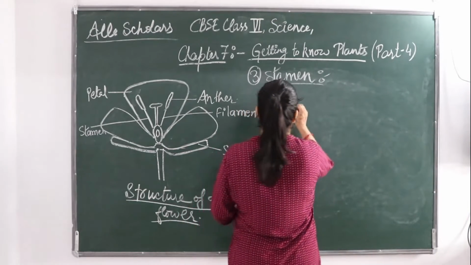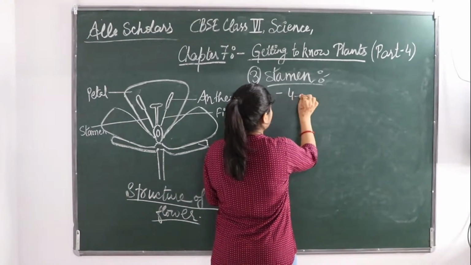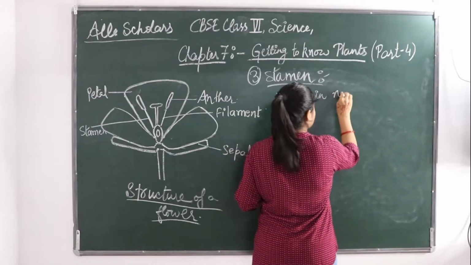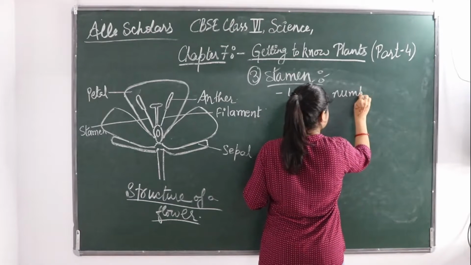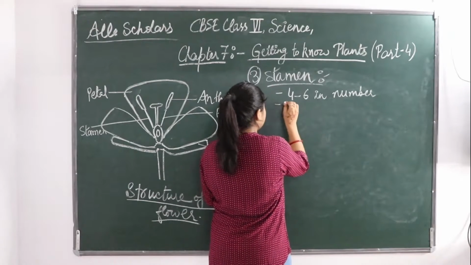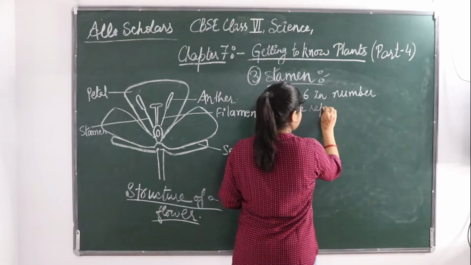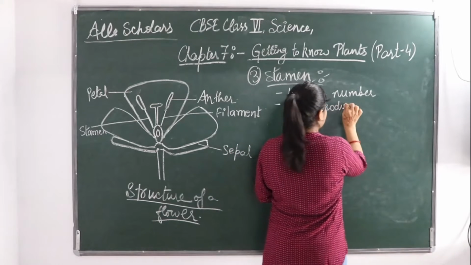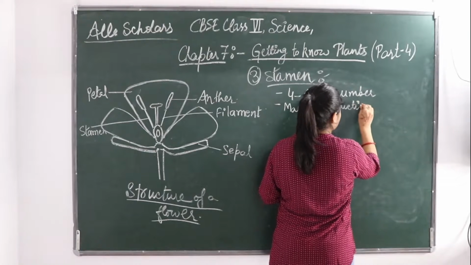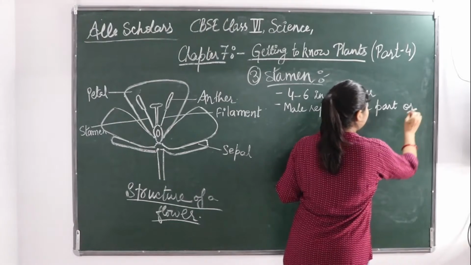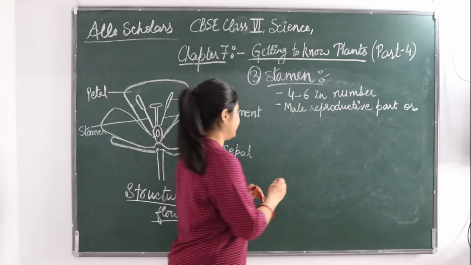If we talk about stamens, they are 4 to 6 in number. They are the male reproductive part, or you can also call them a male stigma.